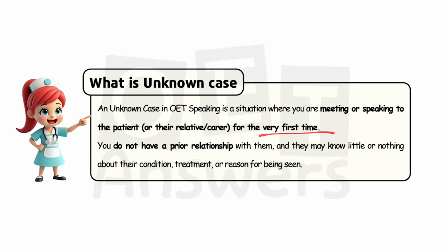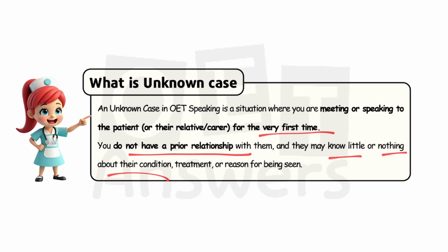Got it? Then you don't have a prior relationship, which means there will not be any prior conversation or consultation with the patient or the carer or the relative, and they may know little or nothing about their condition, treatment, or reason for being seen here. What is the purpose of the visit to the clinic?